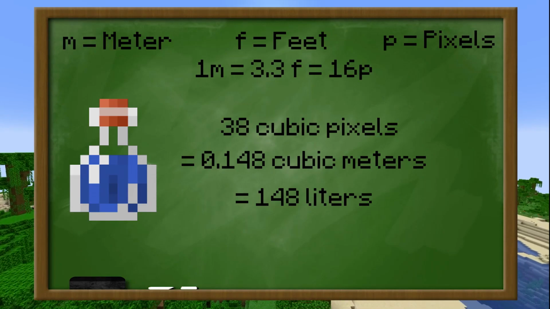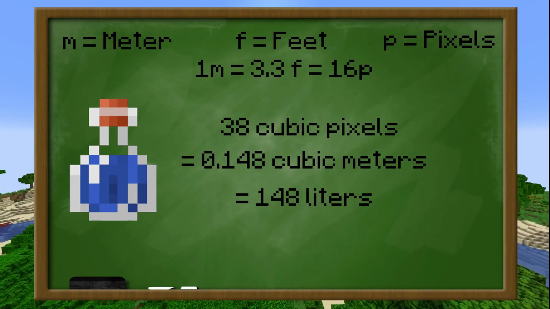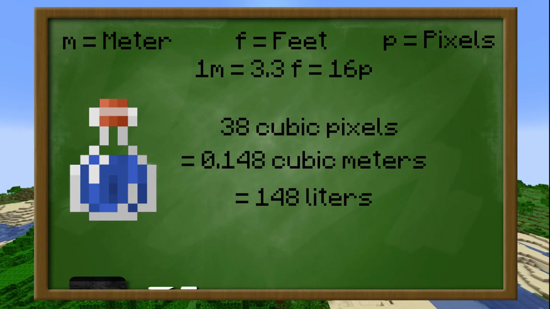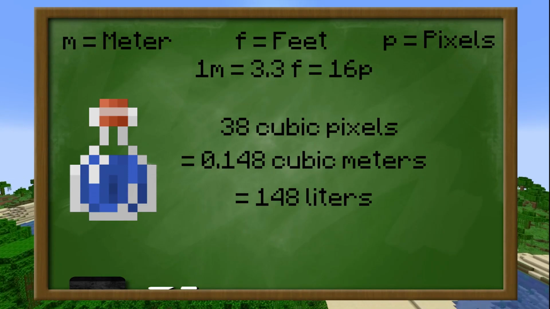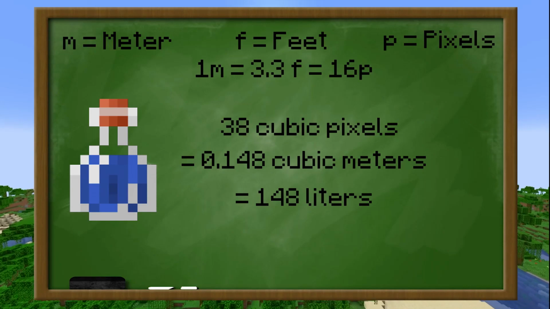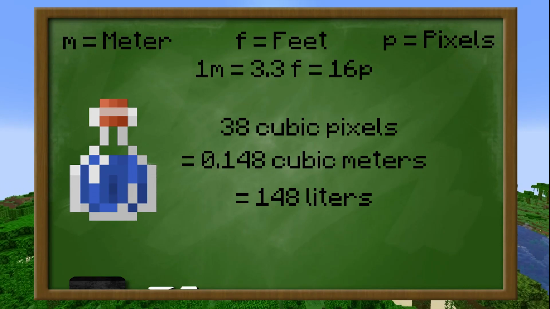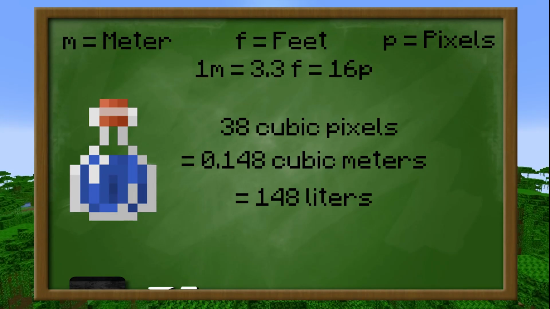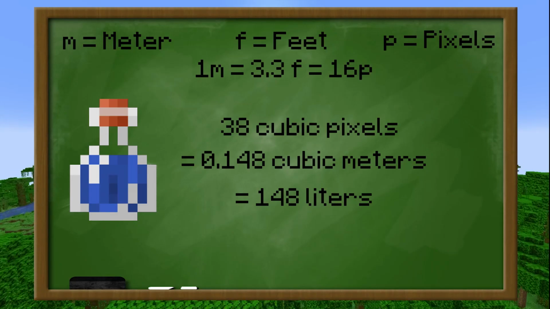The bottle has 38 pixels directly off the sprite, so 38 over 256, which then is 148 liters, which again is a lot of water for a tiny bottle.